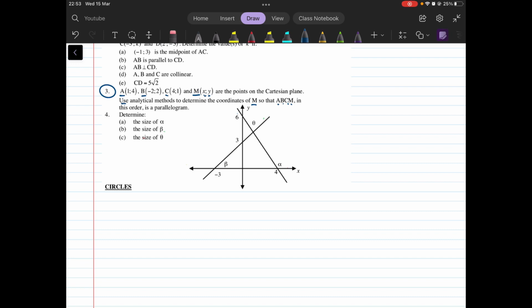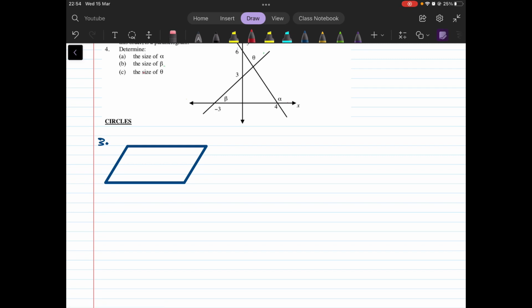What is a parallelogram in the first place? If the mind serves you well, you'll probably remember that a parallelogram is a quadrilateral with this side parallel to this side, this one parallel to this one, and this one equal to that one, this one also equal to that one.